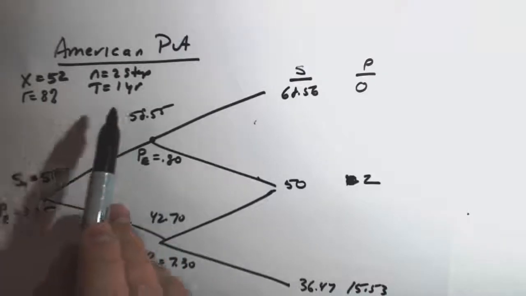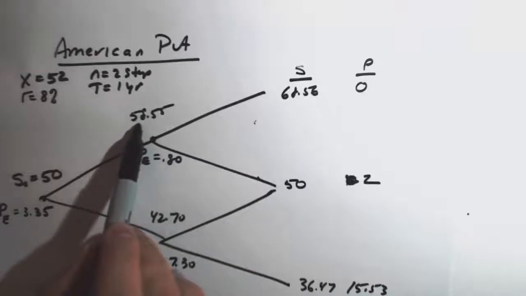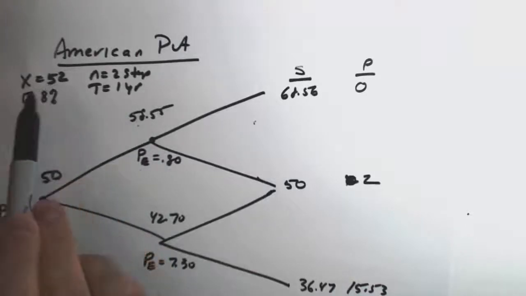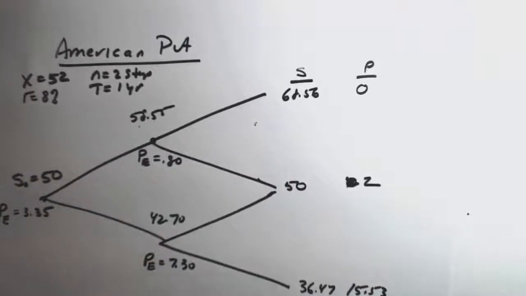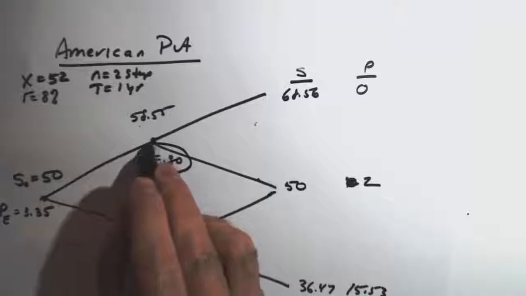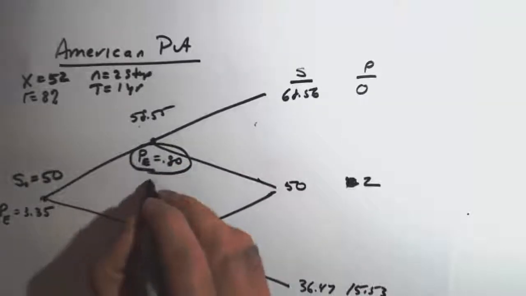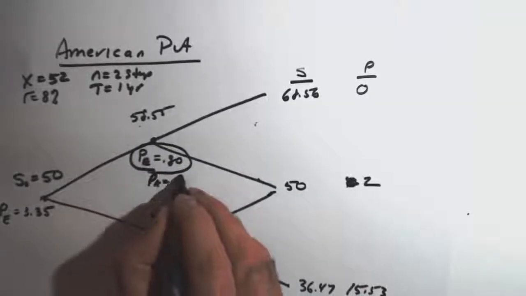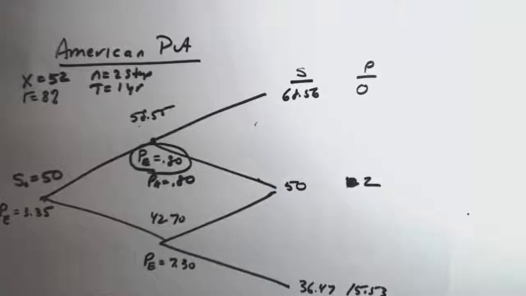Well, the stock is at 58.55. The exercise price is 52. It's not optimal to exercise this. It doesn't make sense to exercise it. So we're going to keep this. This European price is the same as the American. So I'll just put it in there. PA equals 80 cents also.